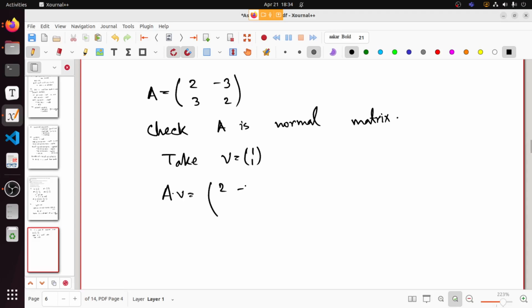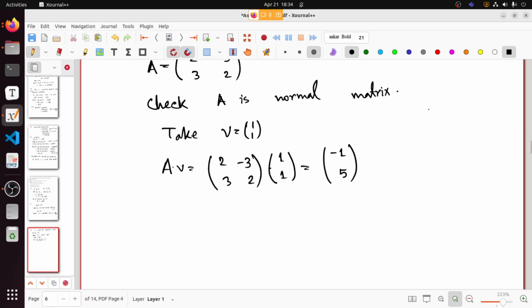It will be [2 -3; 3 2] times (1, 1), so you will get -1 and 5. Then the norm of Av will be the square root of 1 plus 25, so it is the square root of 26.